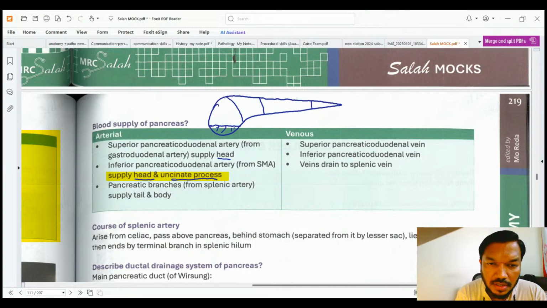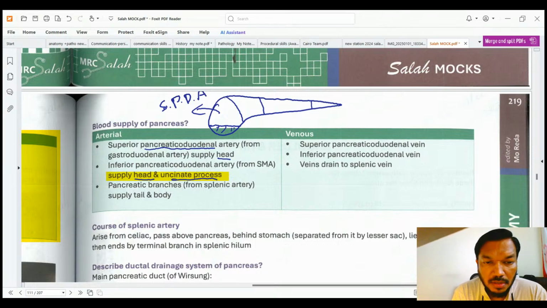So head supplied by superior pancreaticoduodenal artery from gastroduodenal artery. Then inferior pancreaticoduodenal artery from superior mesenteric artery supplies head and uncinate process. Some part of the head and uncinate process will be supplied by inferior pancreaticoduodenal artery.